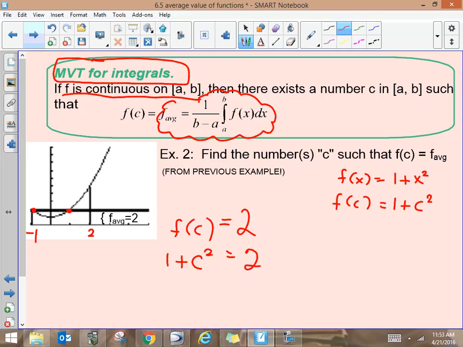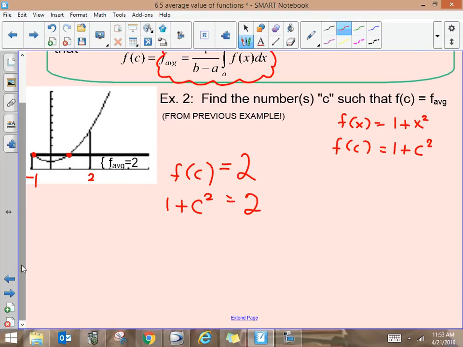Hopefully we're going to find this number and this number, because that's what it looks like on the graph. So c squared equals, and c equals, good job, remember the plus or minus. There's the -1, there's the +1. These aren't always going to come out perfectly nice like that, but you can tell by looking at them on the graph. So the c just tells you where that height shows up.